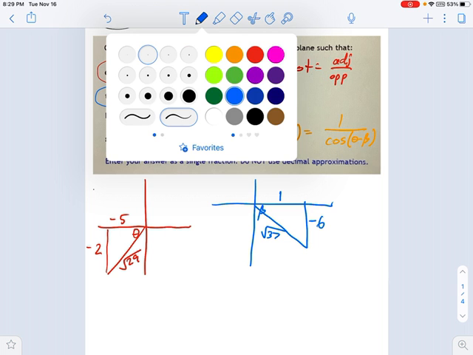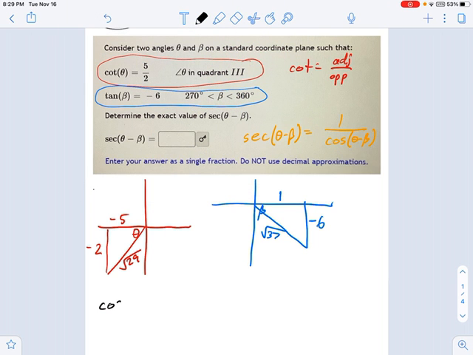Let's just remind ourselves of what the cosine identity is for the difference of two angles. Cosine of theta minus beta equals cosine of theta times cosine of beta. Now cosine changes the sign, so that minus becomes a plus. And now it's sine theta, sine beta.